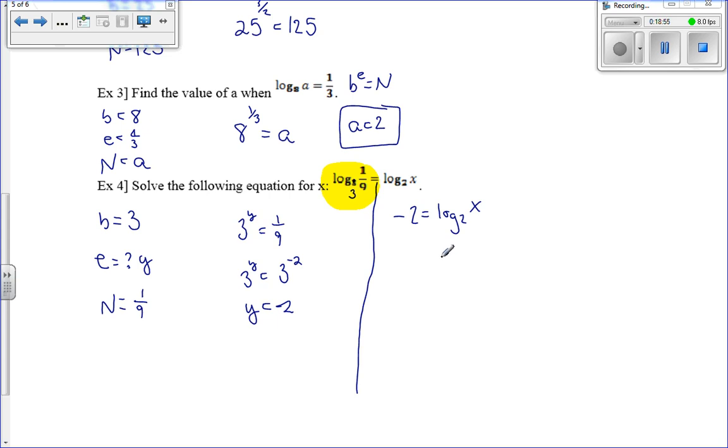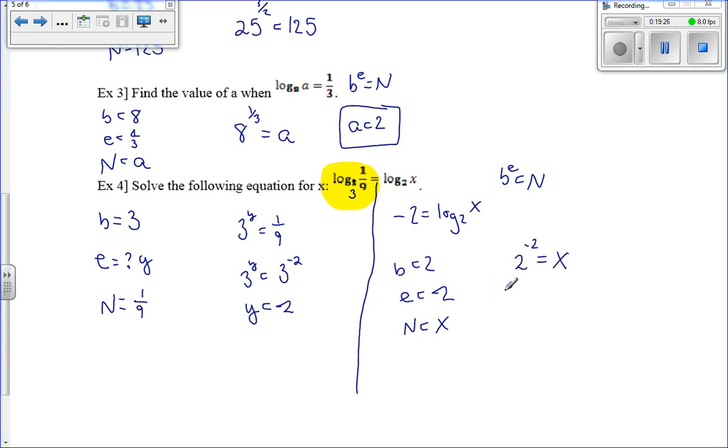So now I need to find x. I need to put it into bend form again. We're doing bend form here, exponential form. B, my base is 2. E, my exponent, the log is equal to, so that's -2. And n is what we're looking for. So my base is 2, and then 2 to the -2 is equal to x.